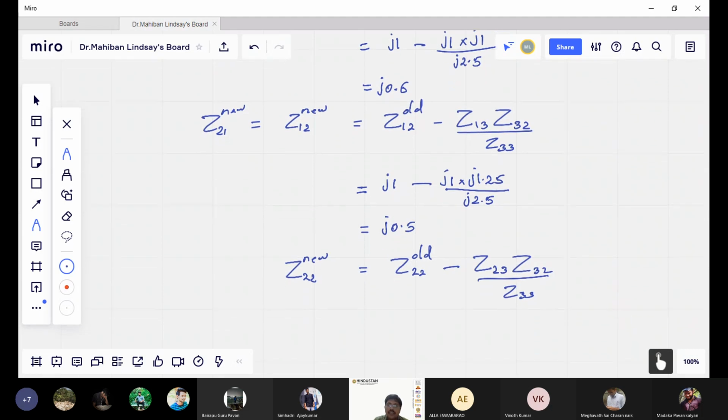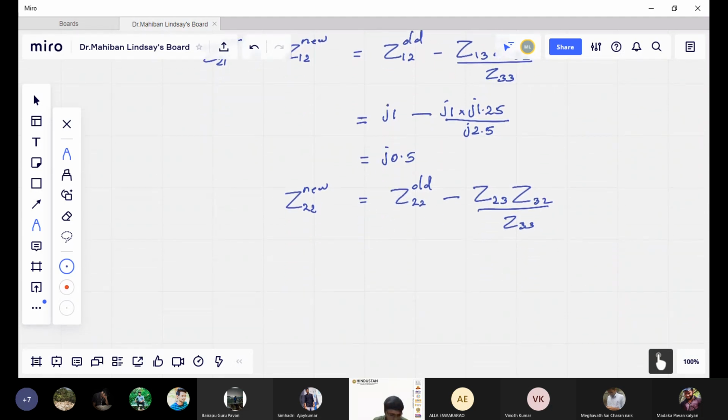Now we have to substitute the value of Z22 old.